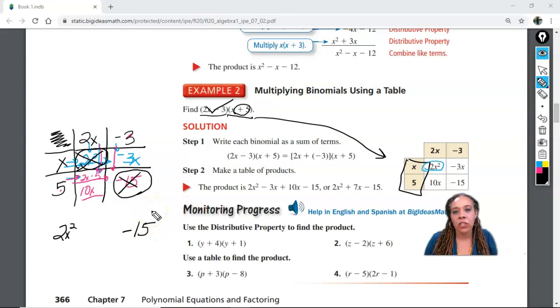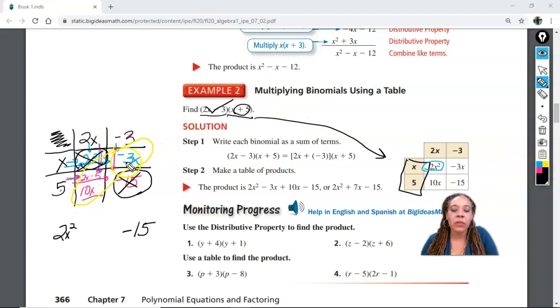But a key feature of multiplying binomials is that there's most often terms in the center that you will have to combine. That's why we always do distributive property, combine like terms. Always goes together most often, okay?